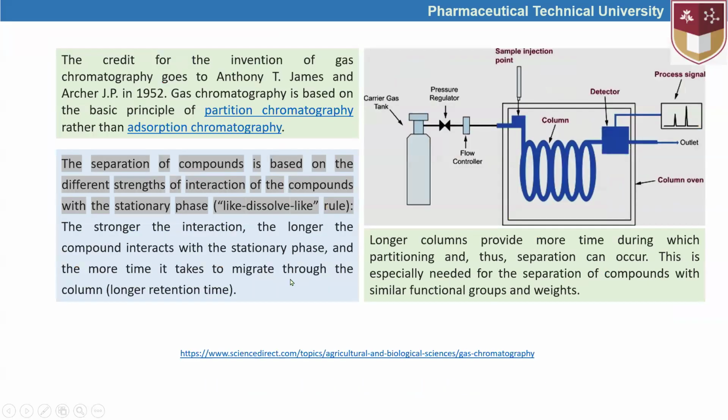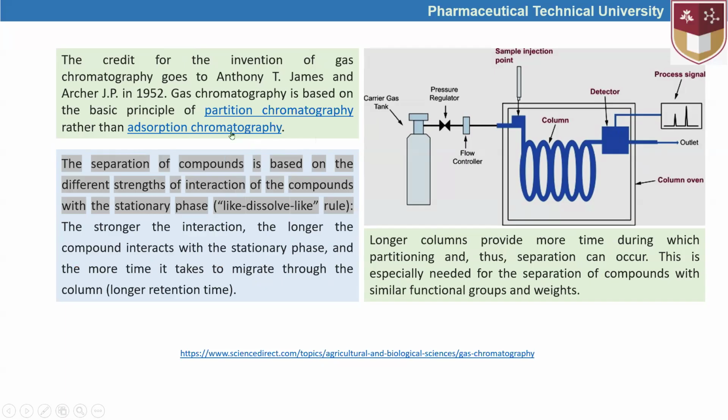Okay, the credit for the invention of gas chromatography goes to Anthony J. James and Arthur J.P. Martin in 1952. Gas chromatography is based on the basic principle of partition chromatography rather than adsorption chromatography. We talked about adsorption chromatography and partition chromatography in our chromatography video lesson.